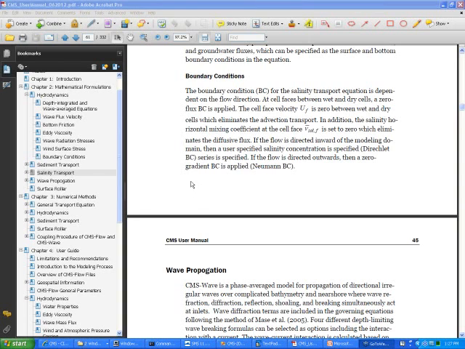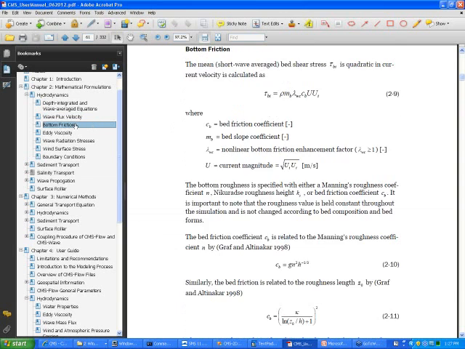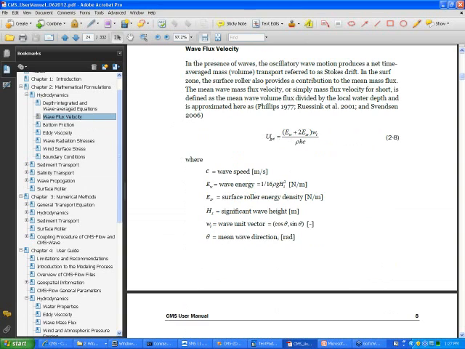Okay. There's a question that says, should the roller mass flux be turned on if the surface roller is on? And that's a very good question. That goes back to the wave mass flux. In Chapter 2, section wave mass flux velocity, we define the wave mass flux velocity as this equation here.